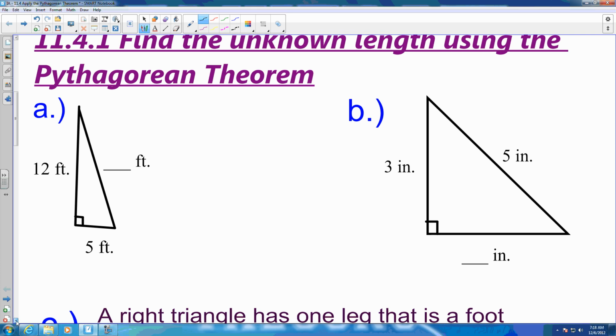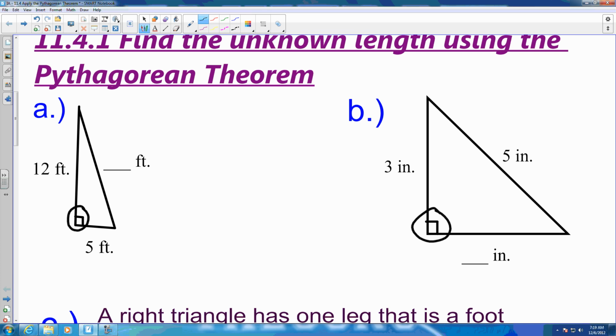So for A, we want to find the unknown length using the Pythagorean theorem. Now, if we look at A and B, we know that it is a right triangle because we have the right angle symbol represented here.